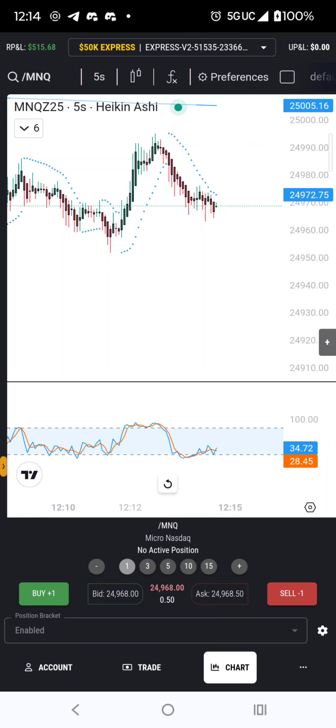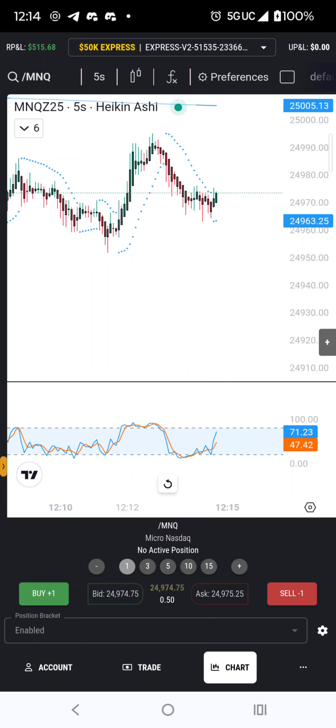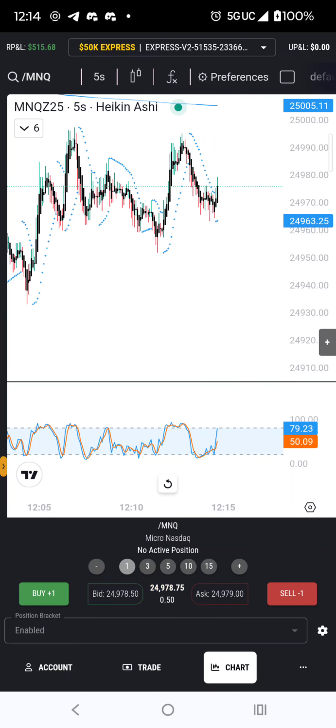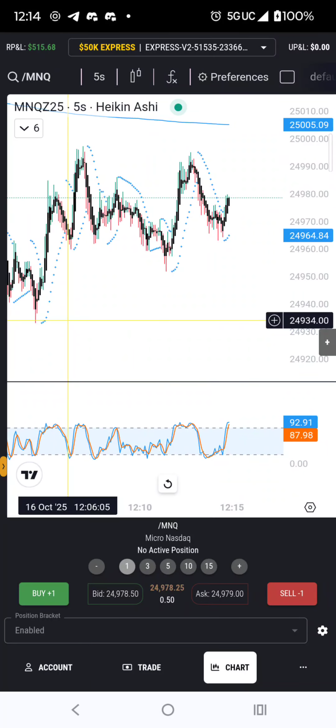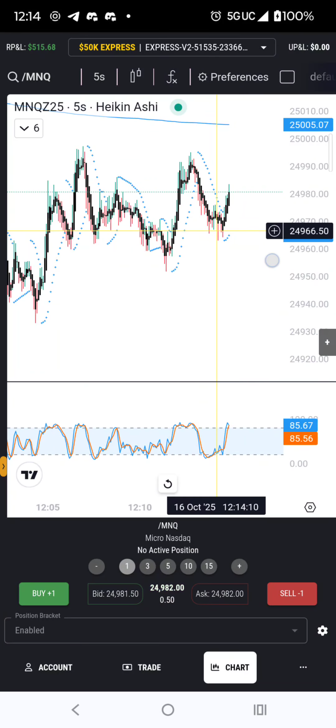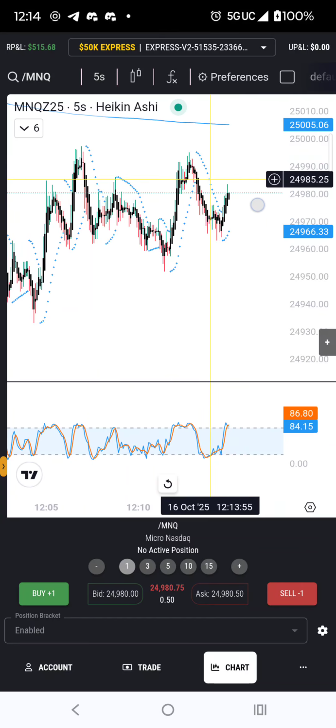Wait for a pullback. Here's the pullback. Wait for it to line up with that trend line. This is a trend line too, though, so don't be fooled. 1, 2, 3. It just respected it.